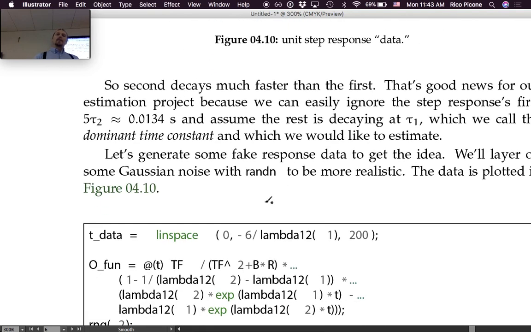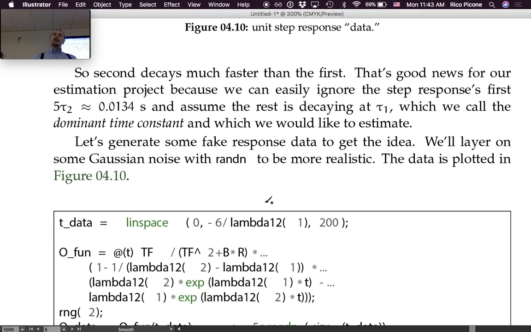The second decay is much faster than the first. That's good news for our estimation project because we can easily ignore the step response's first 5 tau 2, which is the fast one, and assume the rest is decaying at tau 1, which we call the dominant time constant, which we would like to estimate.